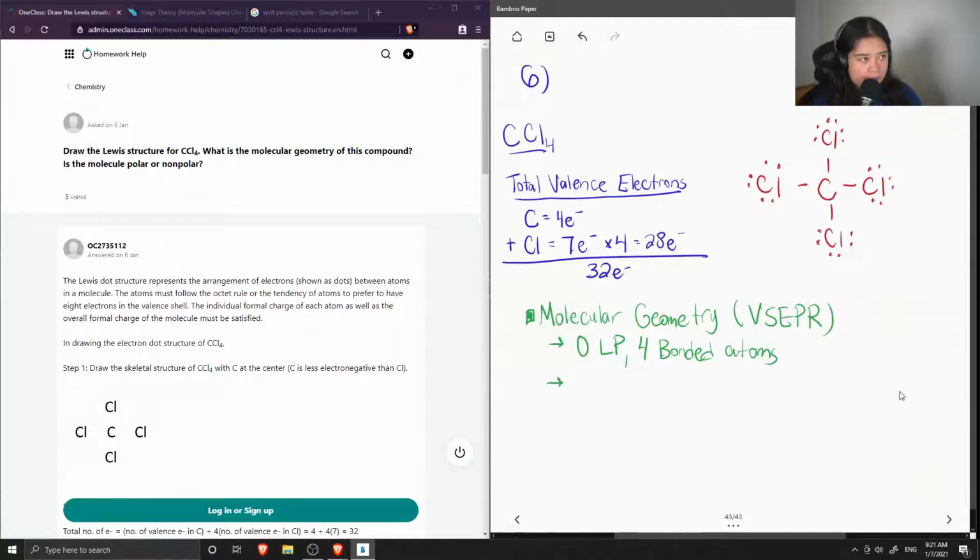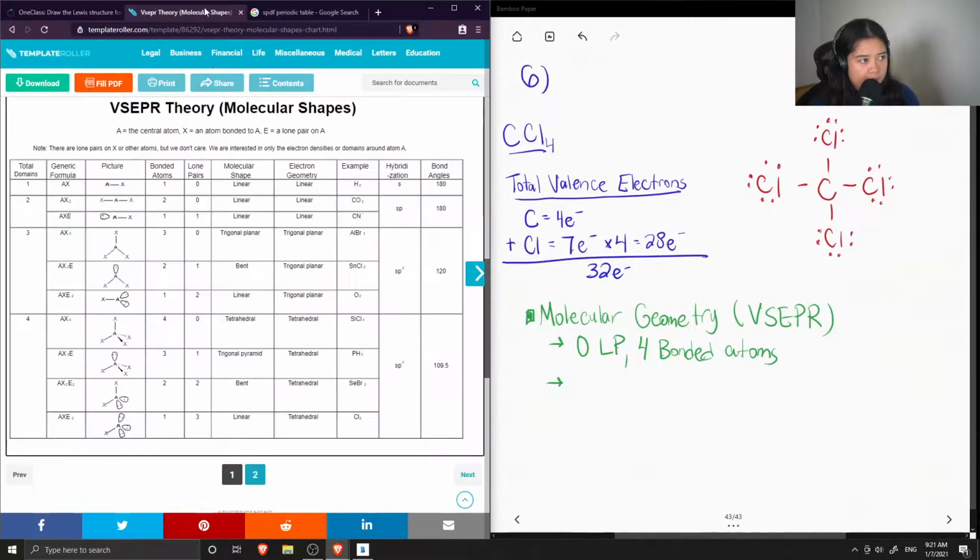So now let's look at this helpful VSEPR theory table. So total domains is 4. And in this first row here, if we have 4 bonded atoms and 0 lone pairs, both its molecular shape and electron geometry is tetrahedral.